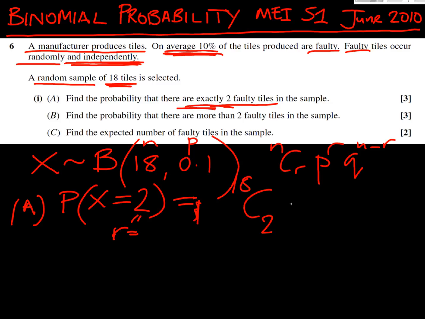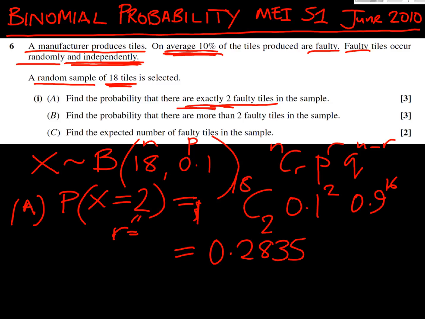What's the probability of a faulty tile? 0.1. How many tiles are we looking for? Again, r equals 2. That means that 0.9 is the complementary probability with 0.1. How many tiles are not faulty? 16 of them. So we could put that straight into our calculator, and the answer is going to be 0.2835 if we do it the formula method.